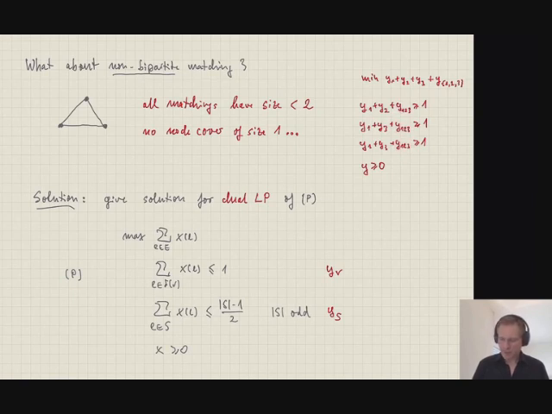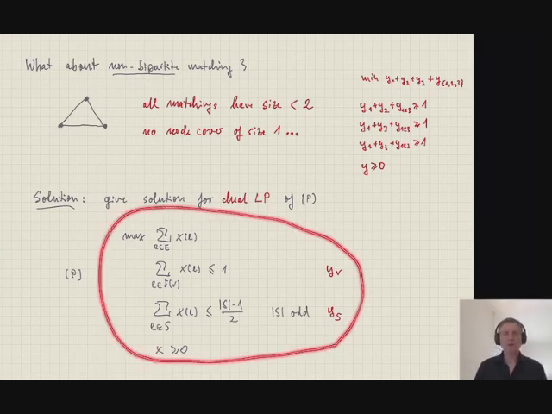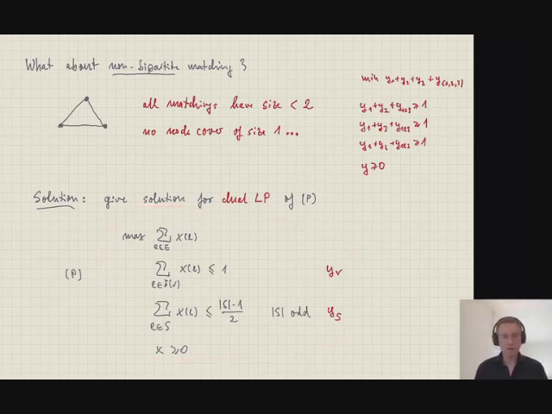Okay, and if you look at this LP just as an LP, you see that there is a feasible solution where you set this variable equal to 1, thereby fulfilling all these 3 constraints here, and it gives you an objective function value of 1. So we have a feasible dual solution which has an objective function value of 1, and therefore we know that the primal problem can have no objective function value larger than that.